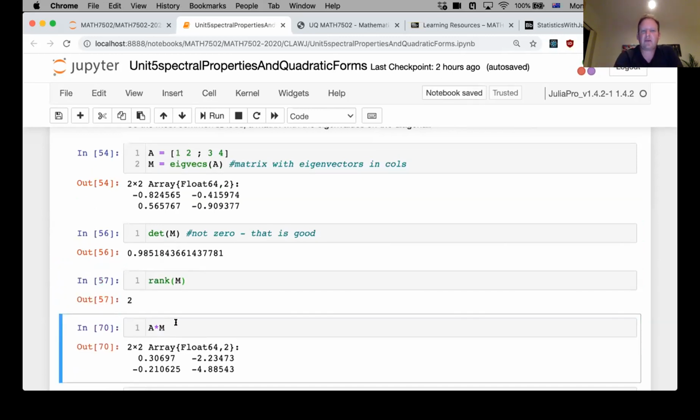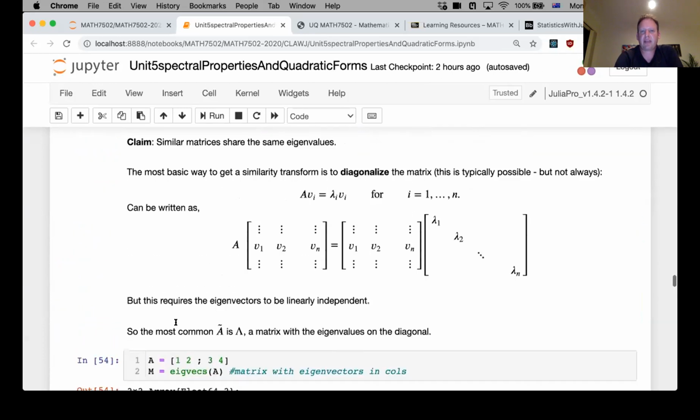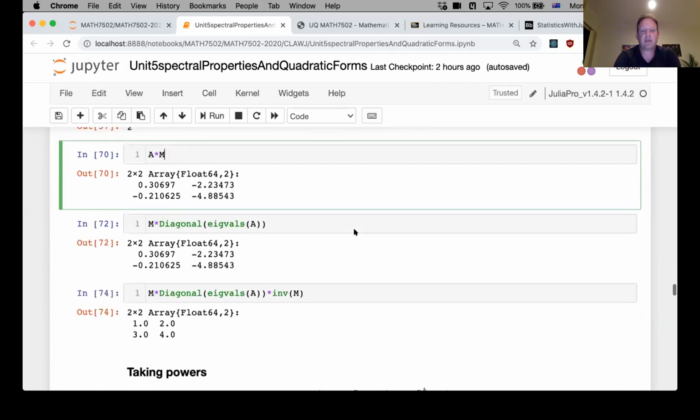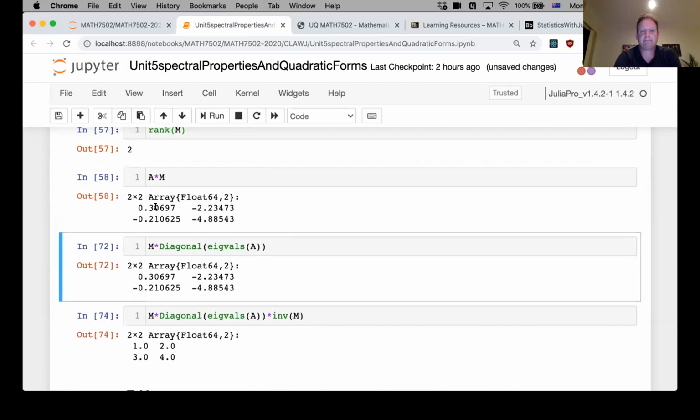All right. So if you want to look at the similarity, look at the left-hand side here: A times M gives you something, and M times this guy is A tilde.